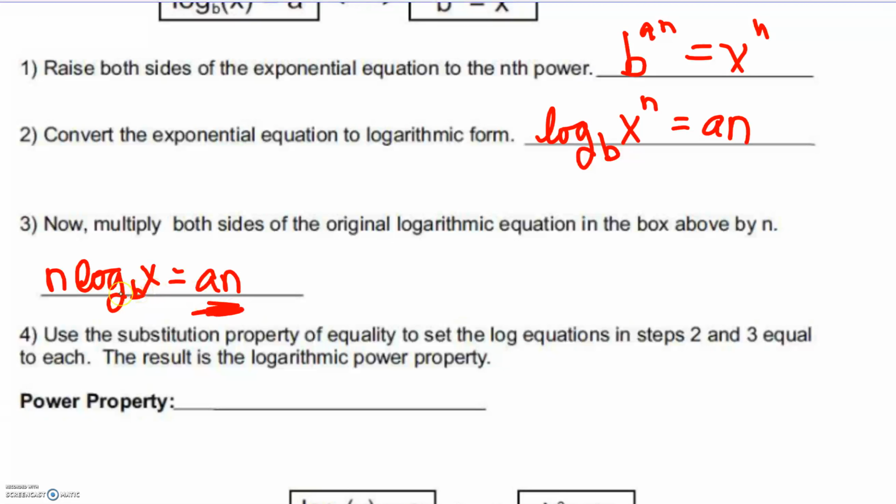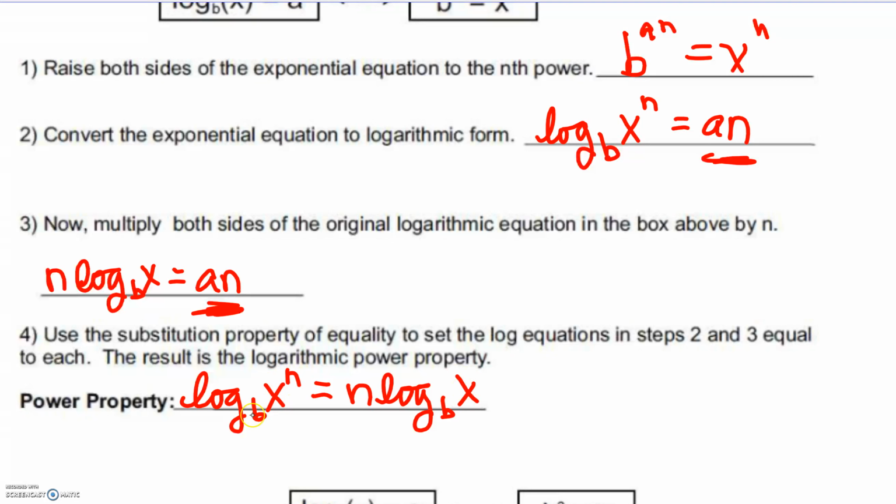Notice n times log base b of x is equal to an, and also up here log base b of x to the n is equal to an, so therefore these must be equal to each other. So log base b of x to the n must be equal to n times log base b of x. And that's our power property.